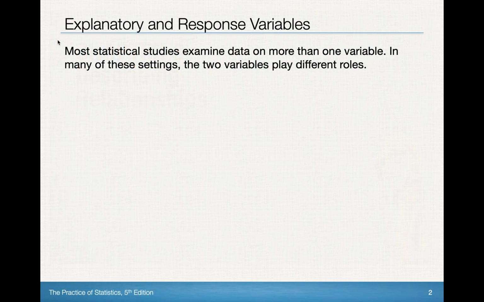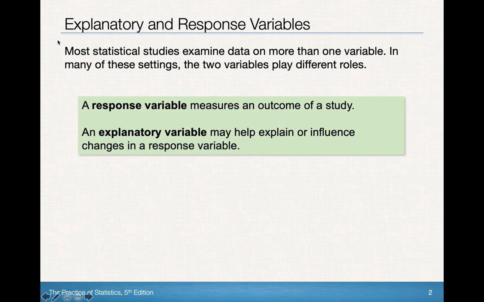So when we're looking at the relationship between two quantitative variables, we are looking at two variables. One's called the response variable, one's called the explanatory variable. A response variable measures the outcome of the study, and the explanatory variable may help or explain or influence any changes in the response variable.